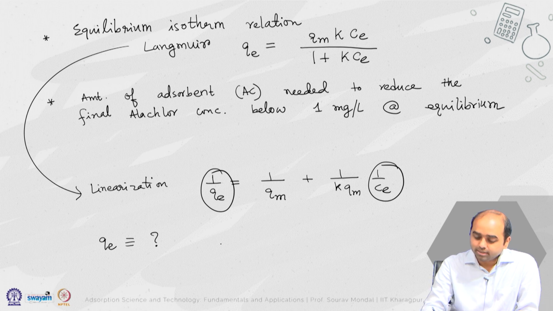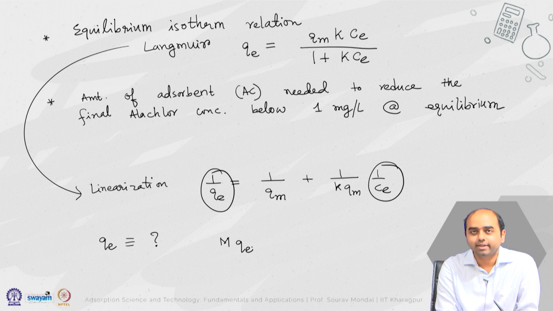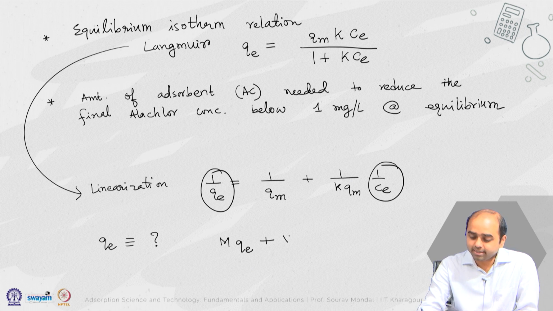So, the amount that is adsorbed by the adsorbent, that is m into Qe, plus the amount that is present in the solution at equilibrium, that is V into C, is the total amount of Alachlor.